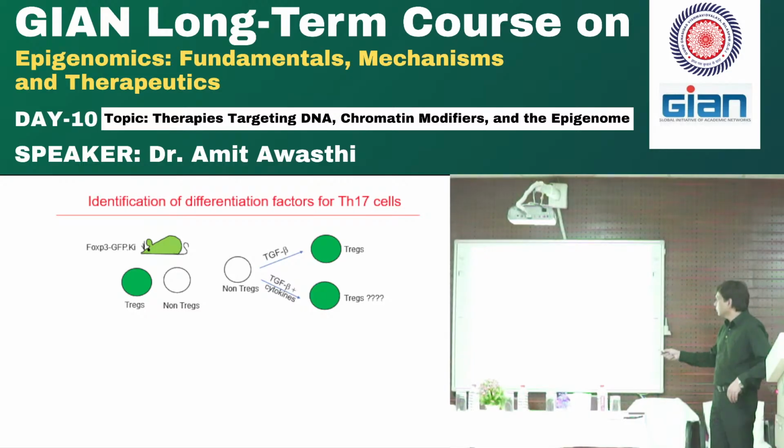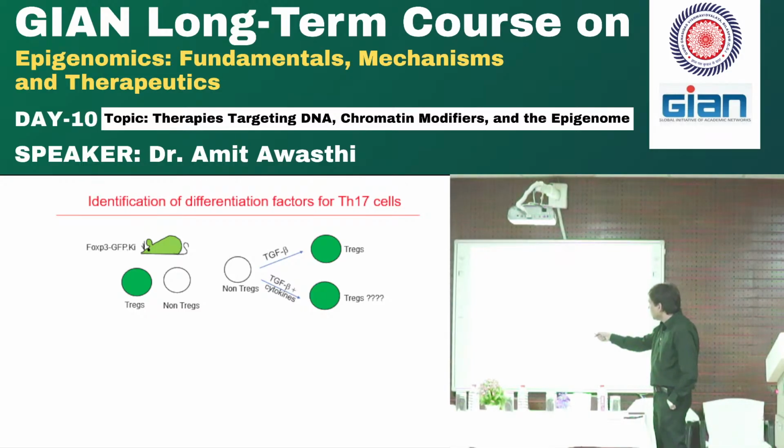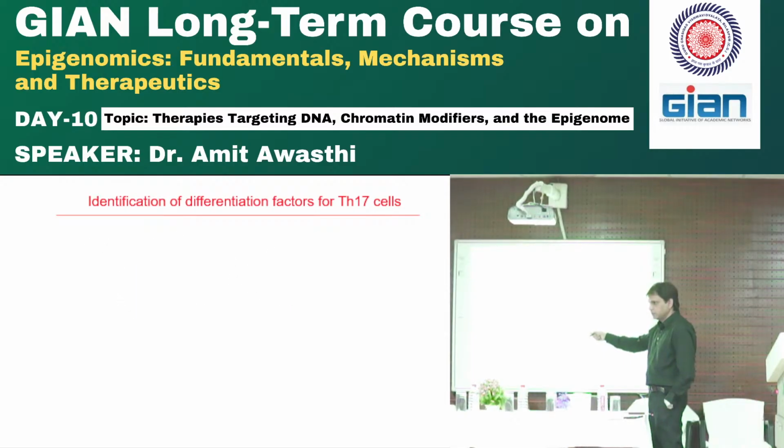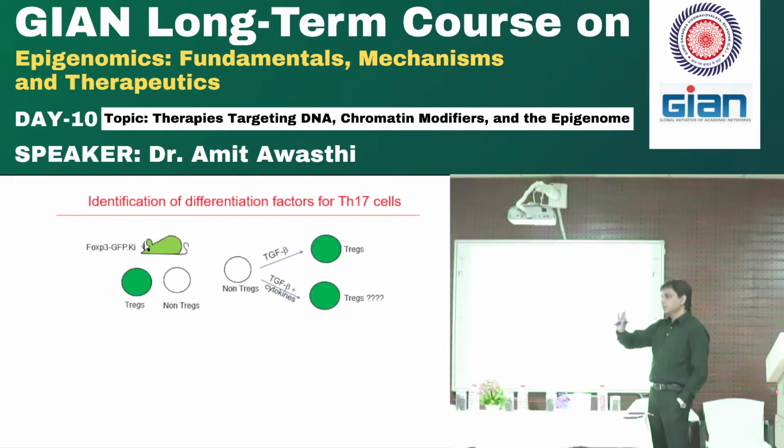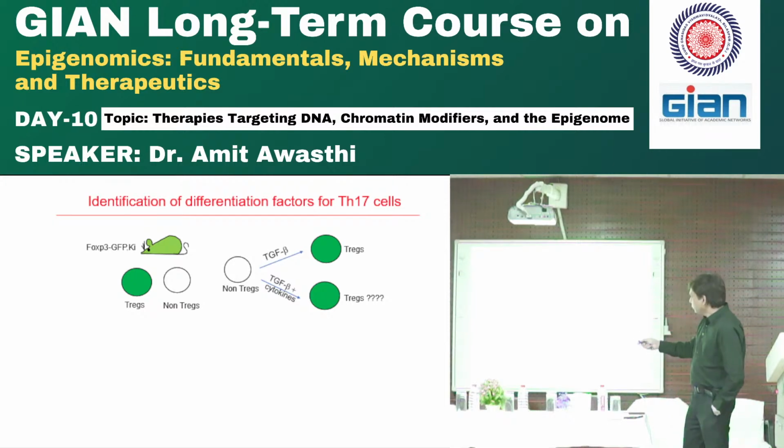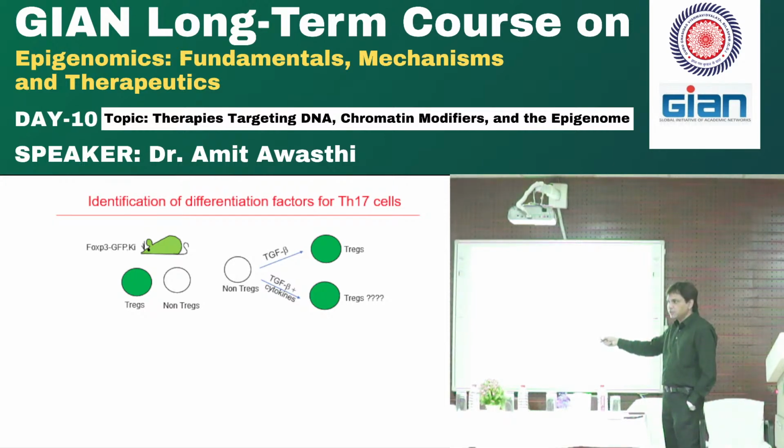So using this mouse, the thing was, can we convert non-FOXP3 cells, which is majority in nature? 90% of CD4 cells are this. Okay, this. 10% of CD4 cells are this. Okay? But these 10% are so important that if you remove these cells, 10% from the mouse or human, you die.